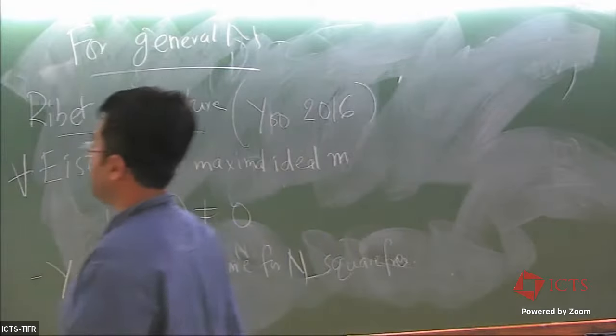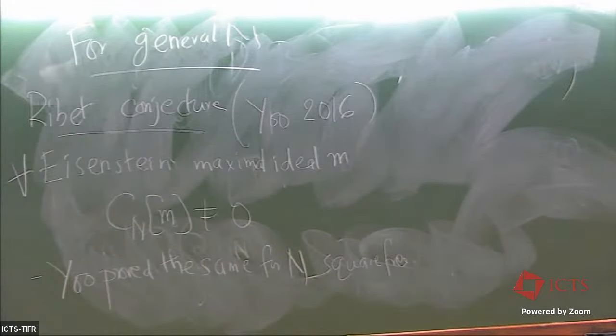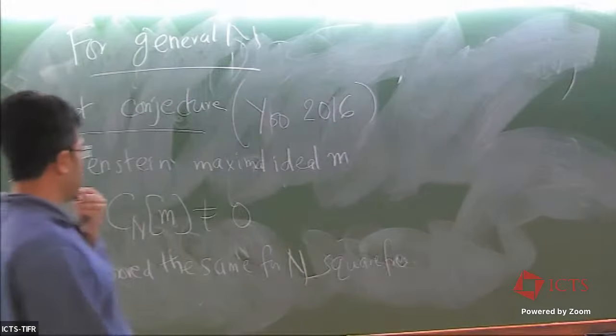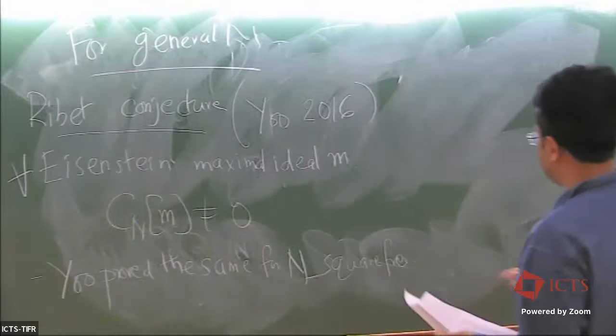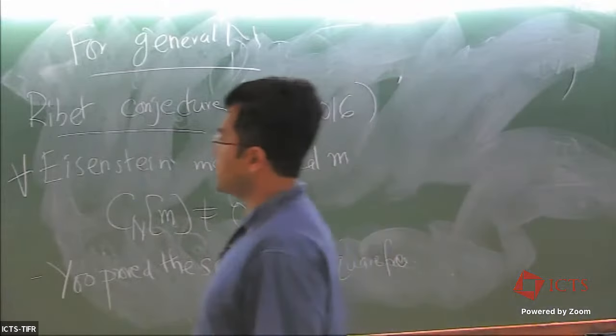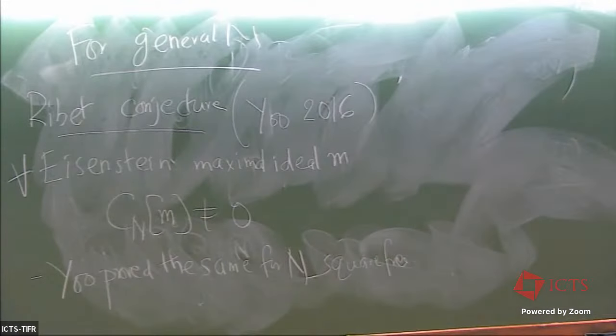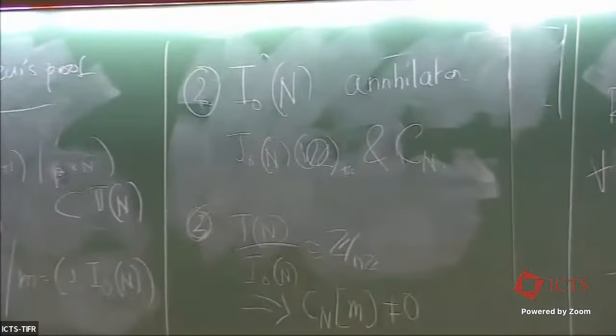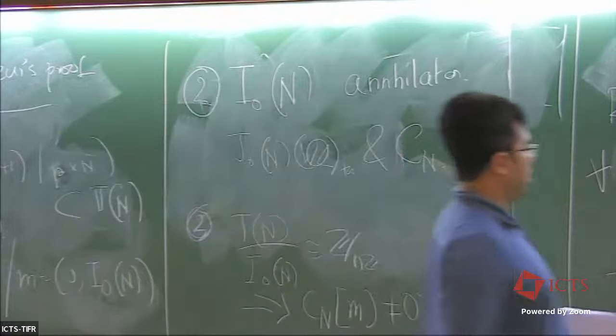Okay, and I will just tell how n square free is okay, because nice models exist. So X naught of n, you have a nice model. I will write down on this board what more is needed to prove this conjecture.